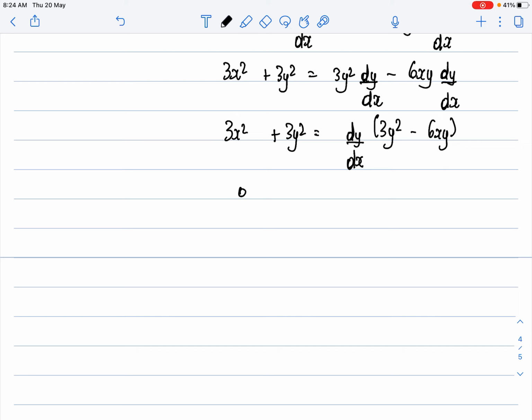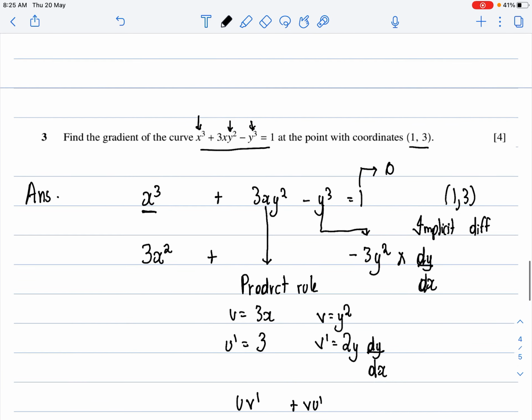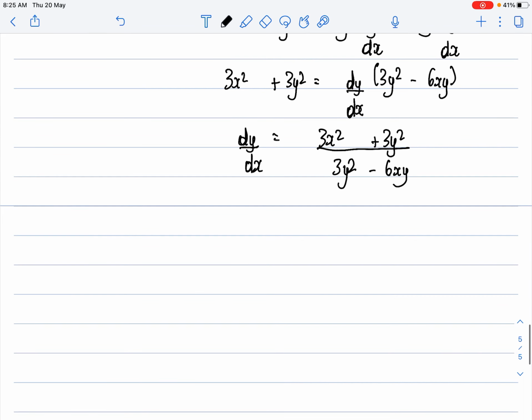So now dy by dx equals 3x square plus 3y square over 3y square minus 6xy. Got it?